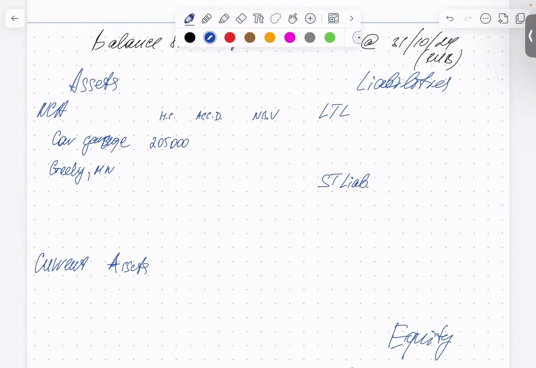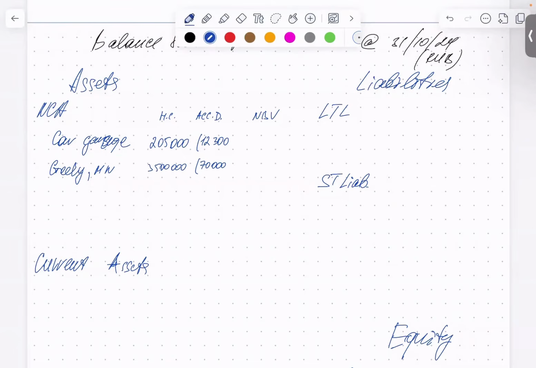Accumulated depreciation given is 12,300, but I'm not closing brackets because we're going to adjust for depreciation for sure. Geely, historical cost is 3.5 million. Accumulated depreciation 70,000. Not a lot.